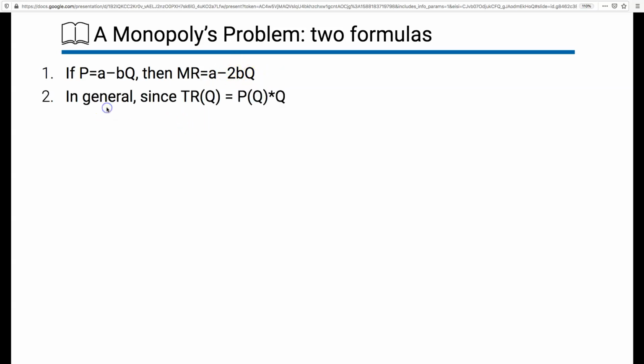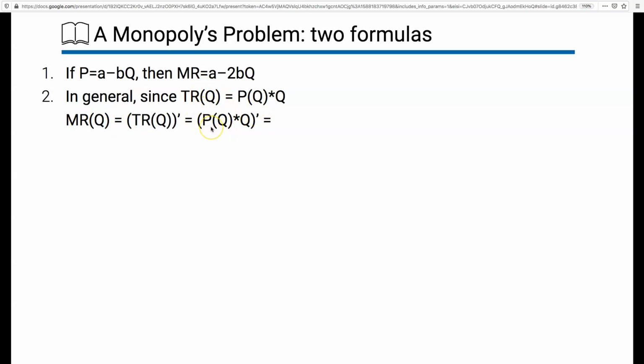The second thing that I want to look at is if I write down total revenue as a function of output in general, there's going to be some inverse demand involved times quantity. And if I want to calculate the marginal revenue as the derivative of total revenue, I can apply the product rule.